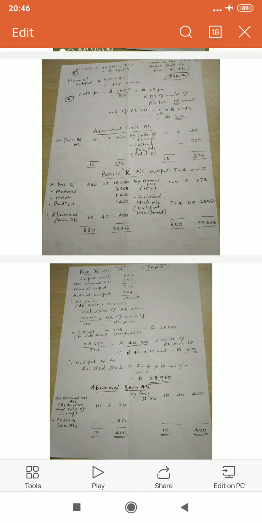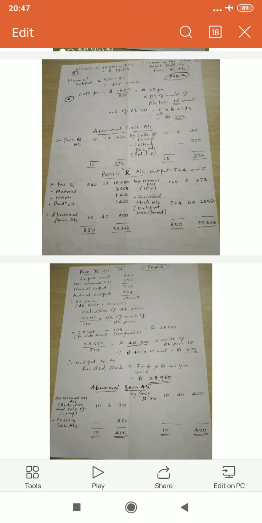Now, applying the formula, normal cost of normal output rupees 28,560 divided by normal output 714. How have we ascertained normal output at 714? At the top, it is specifically mentioned on page 3. 840 units minus 126 units normal loss. It is 714 units. Therefore, 28,560 divided by 714, which works out to rupees 40 per unit. 40 per unit is the rate per unit in respect of abnormal gain.